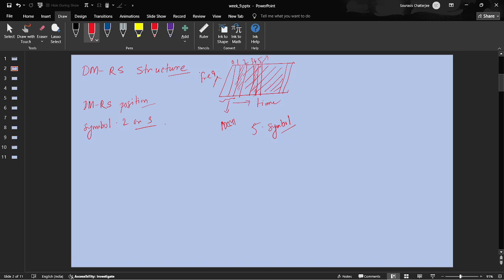Symbol number 0, 1 let's say for PDCCH, symbol number 2 is for DMRS, and then you have 3, 4, 5 where your PDSCH data is scheduled. So for this scenario, am I allowed to transmit another DMRS at the fourth symbol here?